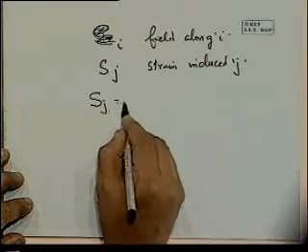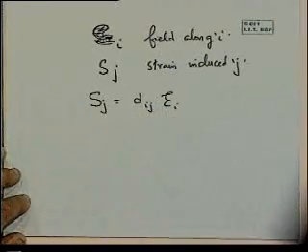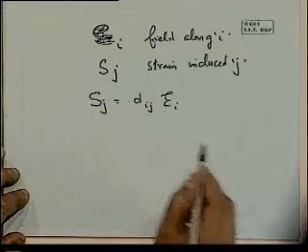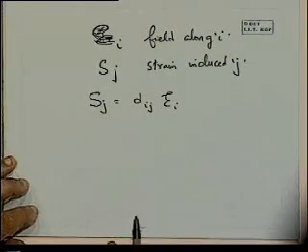It's along J direction. And here also strangely, Sj is simply Dij Ei. The same Dij, the piezoelectric coefficients, give us this. So once we know the piezoelectric coefficients for a material, for that particular kind of crystal, it's very easy to make use of it to do things for us in different directions, because I know where I have to apply the field to get change in which direction or vice versa.